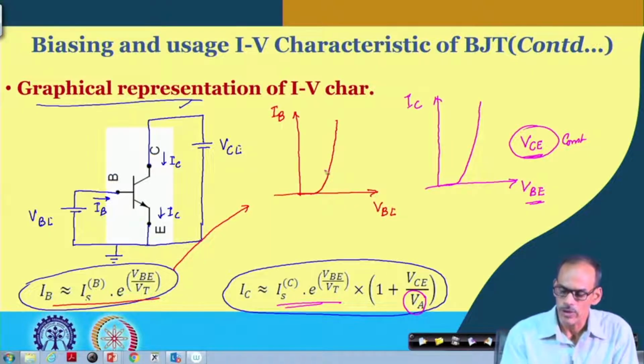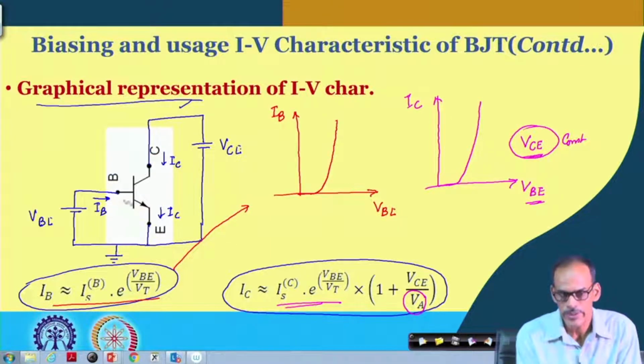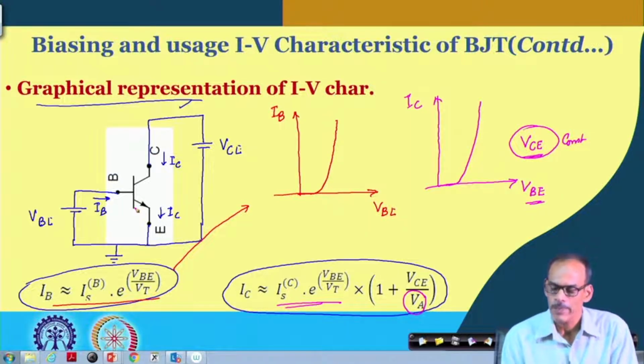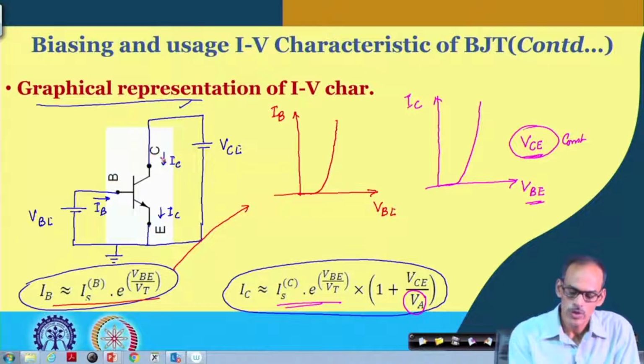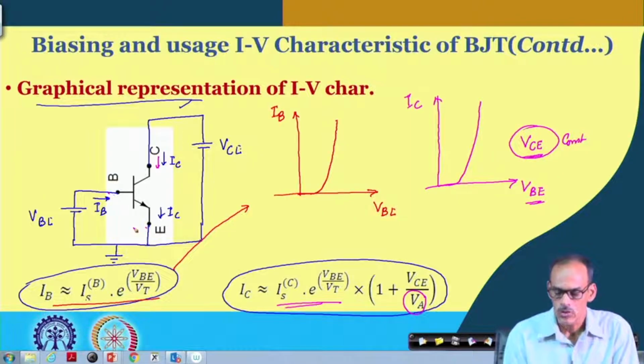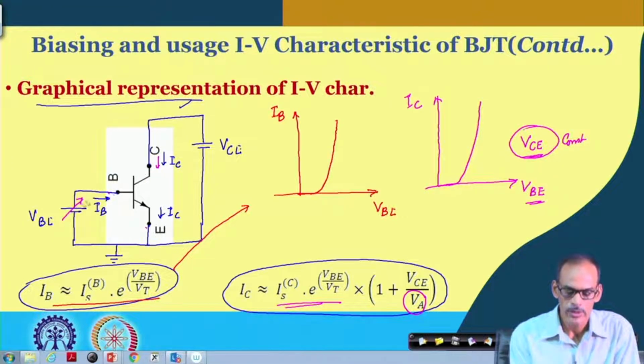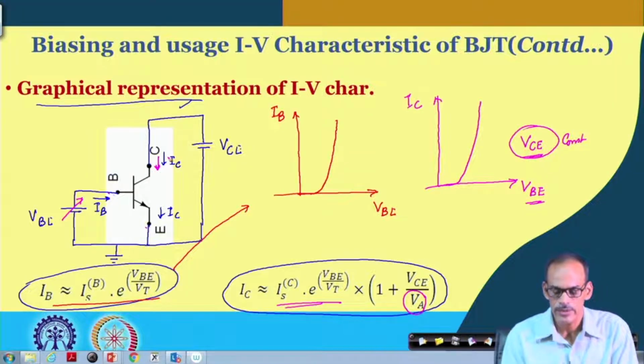So, this part of course looks like a forward bias diode, but on the other hand if you see this characteristic it is kind of different in nature, because we are observing the current at the collector terminal while we are changing the voltage from base to emitter. In other words, it is like a trans characteristic. So, we are changing the voltage from base to emitter while we are observing the corresponding effect at the other terminal.